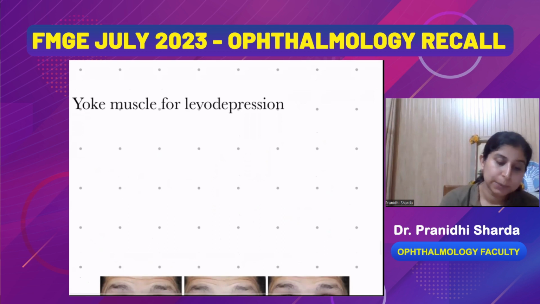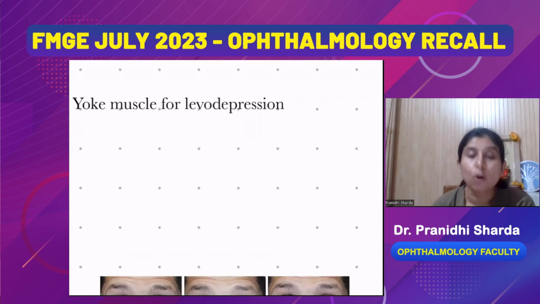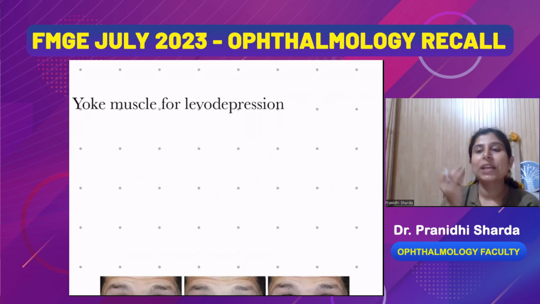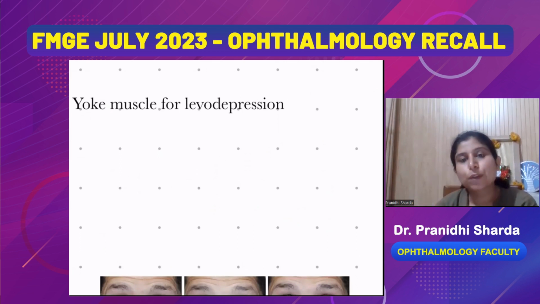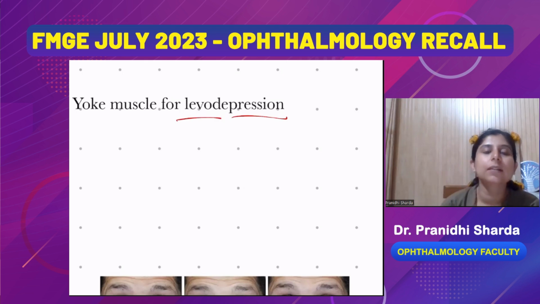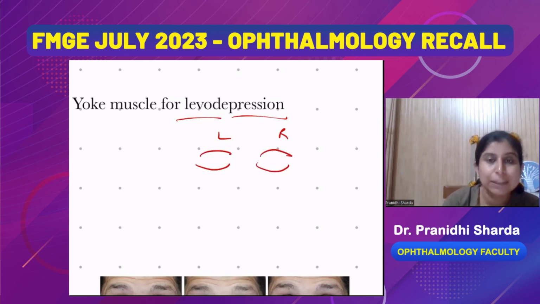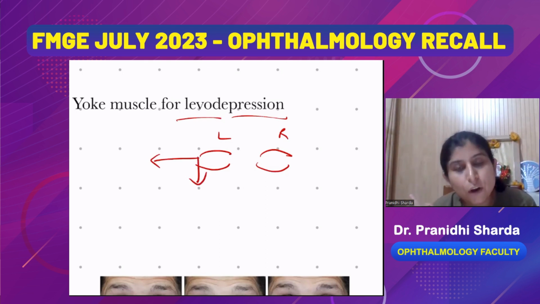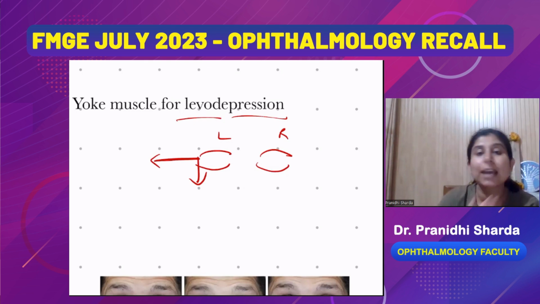Next question was yoke muscle for levodepression. A very quick way to solve these types of questions is, firstly, split the option which is given, levodepression. Levo, left side depression. So down and out position of the left eye, this is levodepression.